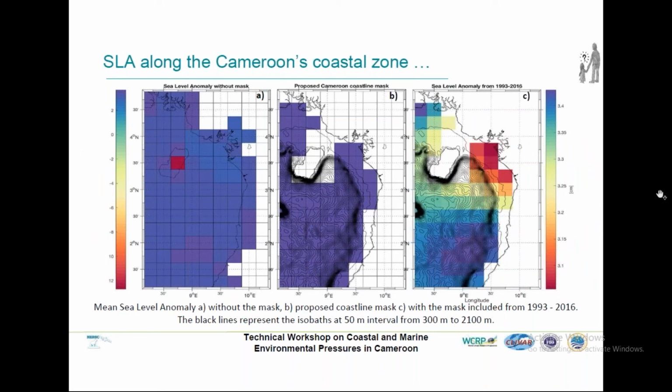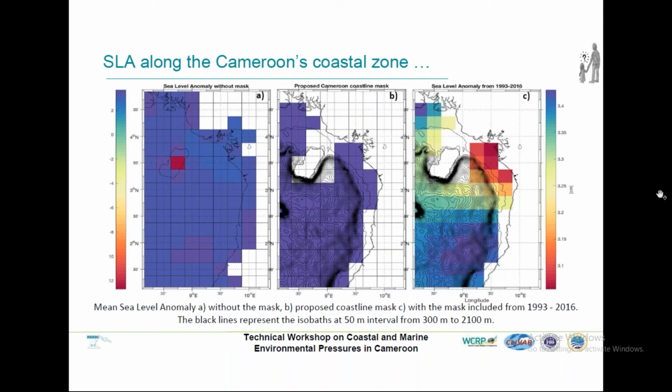So here you are representing the sea level anomaly along the Cameroon coastline. As Bienvenue was saying, in the beginning it's quite difficult to have the main information from altimetry products near the coastline, because the impact of the topography will affect the correction of data.